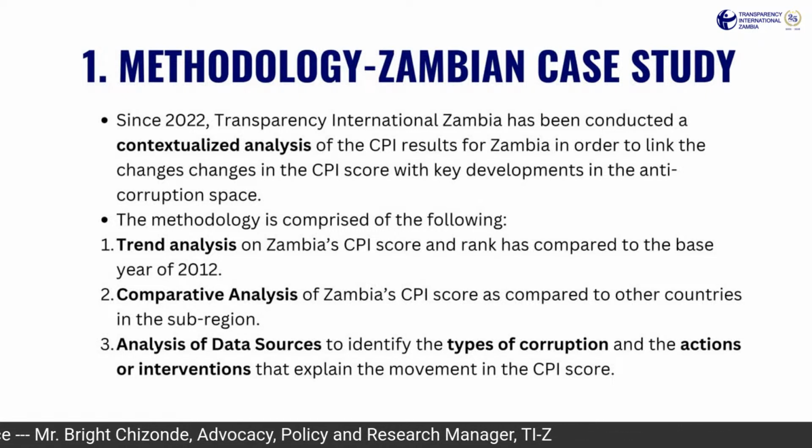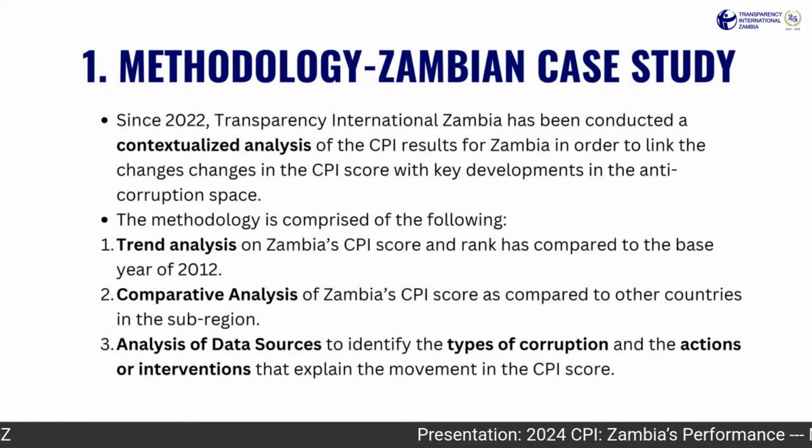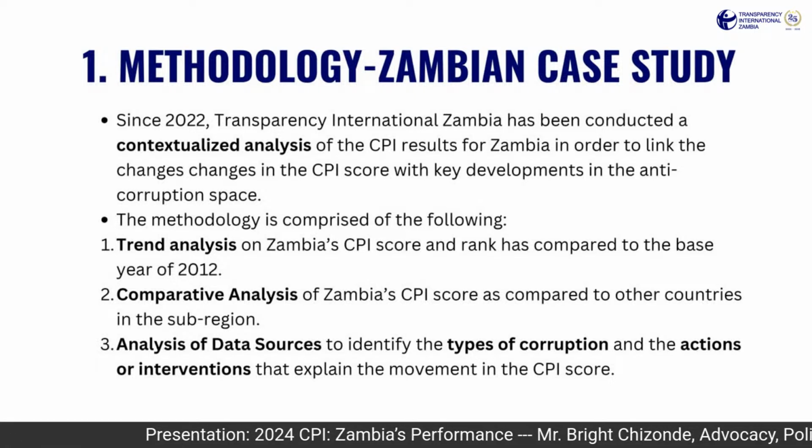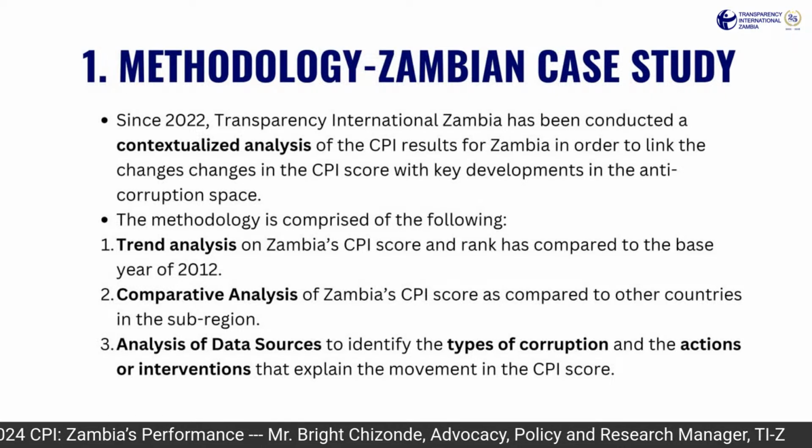So in terms of methodology, we have three components. First, we do a trend analysis on Zambia's CPI score and rank as we compare this to the base year of 2012.